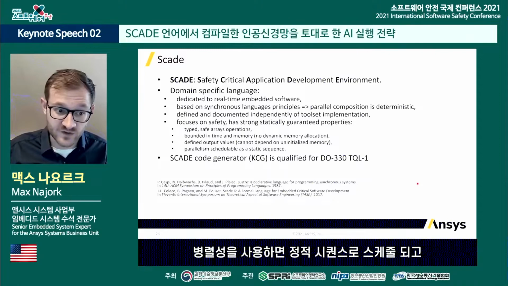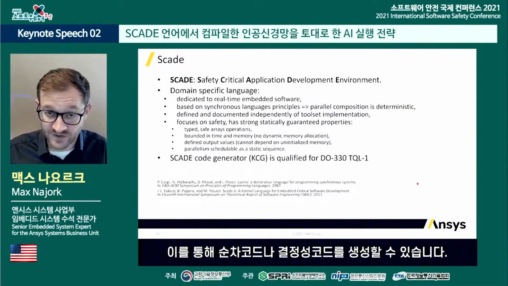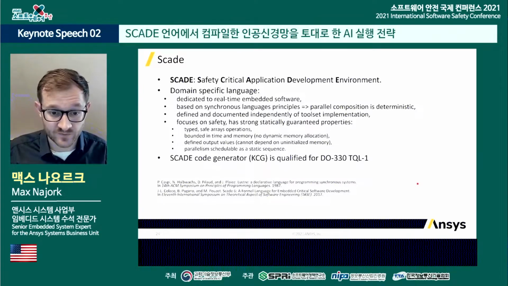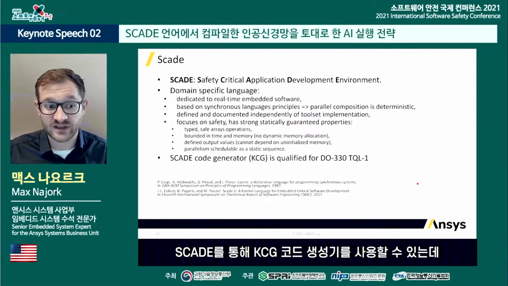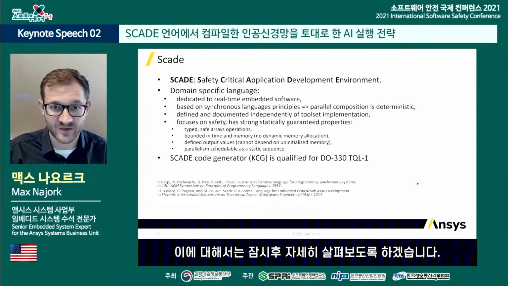And when using parallelism, it's scheduled as static sequences, which enables the generation of sequential and deterministic code. Talking about code, from the language we can leverage the Kcg Code Generator that is qualified to DO-330 TQL1, which we'll discuss a bit more in depth in a minute.